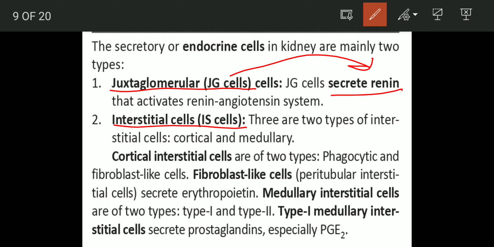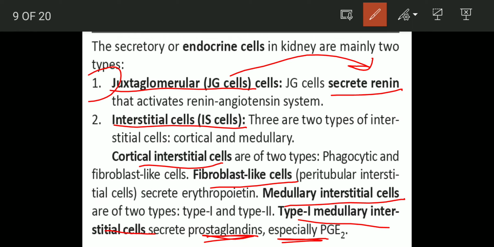The interstitial cells are the cortical interstitial cells, the fibroblast-like cells, and the medullary interstitial cells, type 1 medullary interstitial cells. These secrete prostaglandin, especially prostaglandin E2. I'll be discussing the JG cell. And remember, the fibroblast-like cells secrete erythropoietin. So these are your endocrine cells, and you need to remember which hormones they secrete.